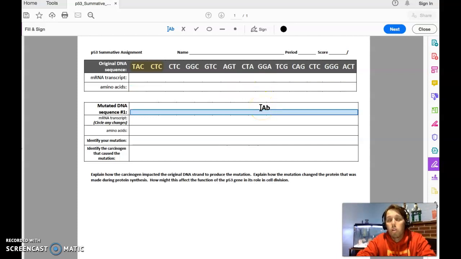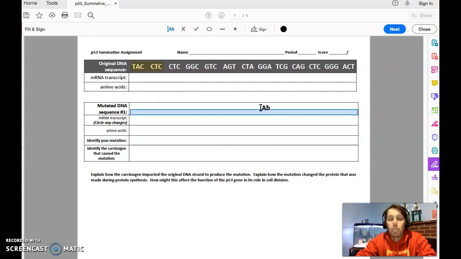Now down here, what you're going to do is you are going to mutate this DNA. You're deciding what type of mutation it is. Is it a point or a frame shift? You're deciding where it mutates. But the key part to keep in mind is this DNA is being mutated in a way that will lead to cancer.